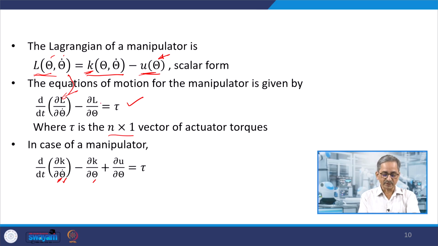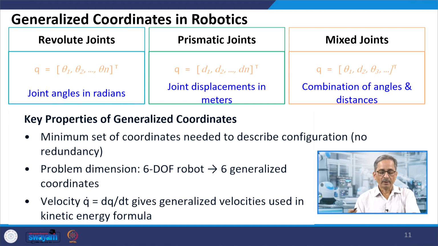Then when I substitute in minus del L by del theta, I will have minus del K by del theta, and this minus and this minus make a plus. So, I am going to have del U by del theta, and this is equal to the torque.